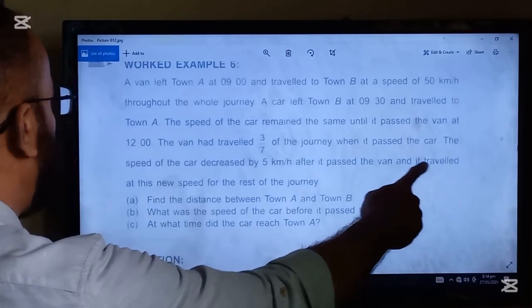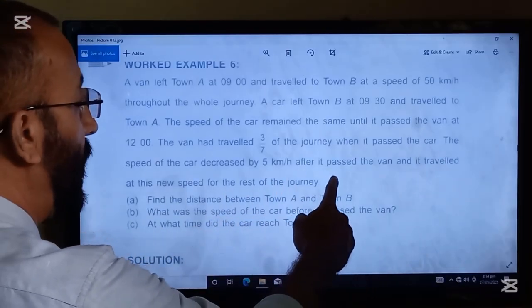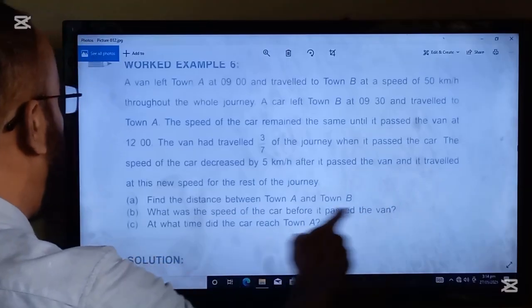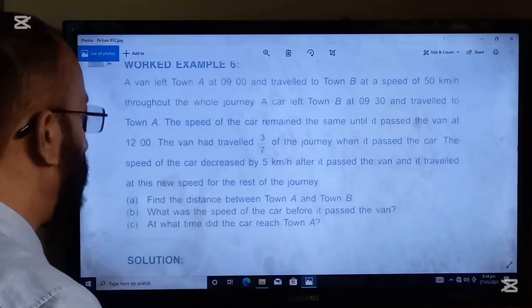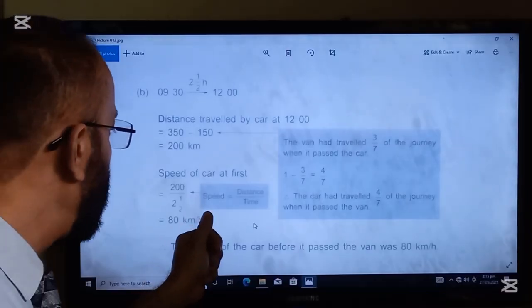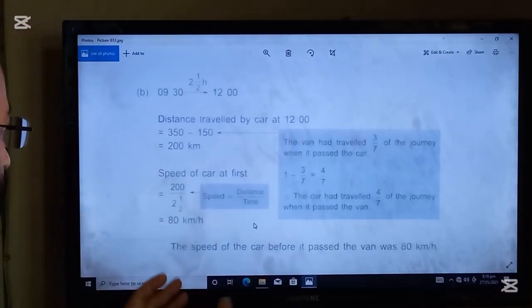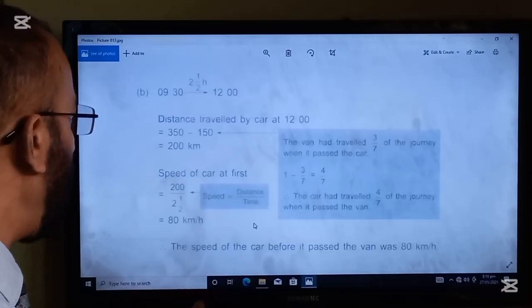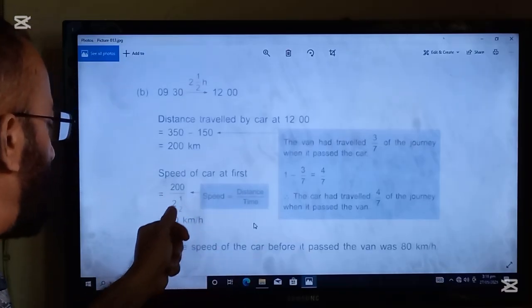The next statement is, the speed of the car decreased by 5 km per hour after it passed the van and it traveled at this new speed for the rest of the journey. Okay, so now this is the formula. Speed is equal to distance over time, because the car is covering a distance of 200 km and the time taken by the car is 2.5 hours.